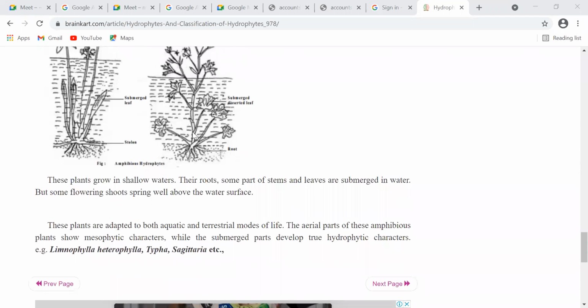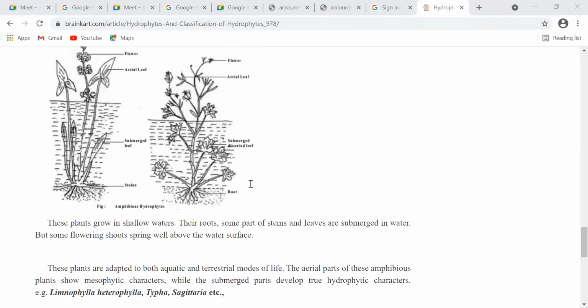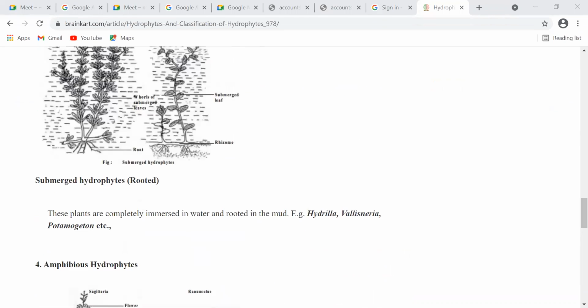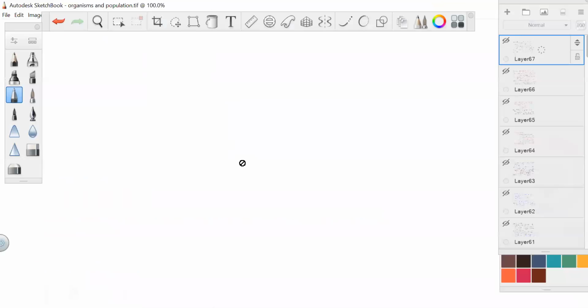These are the characters, and these are the examples: Limnophila, Heterophylla, Typha, Sagittaria. Okay. But before population, I'll make you write a few points.